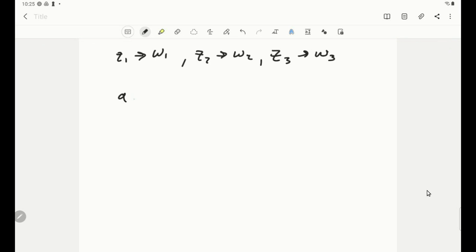We're going to write A Z1 plus B over C Z1 plus D, and that's going to equal W1. Well, now I'm going to have 3 more of those. If I want to solve them, I can multiply both sides by the denominator.